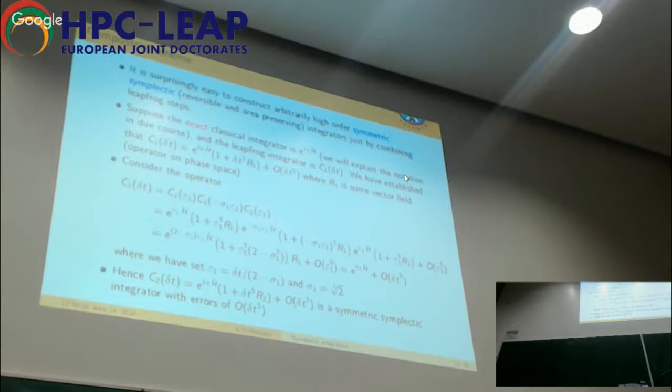So the trick is you consider this integrator, which I call C2, which is supposed to integrate for a step size delta tau again. You first do a step using your leapfrog integrator of length epsilon1. The choice of epsilon1 is just going to be something that normalizes the step size, so the total step is length delta tau.